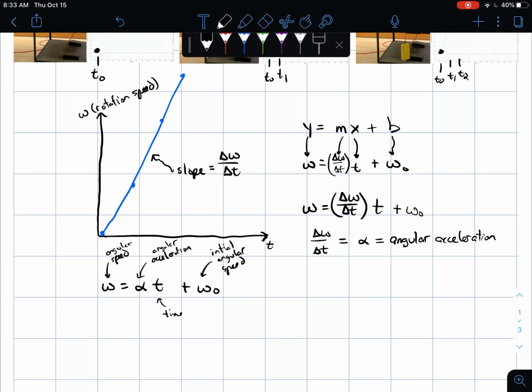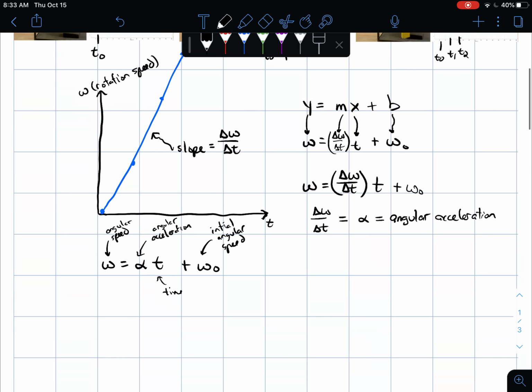Okay, nice. If we remember back to when we were first starting the semester, we had an equation that said the speed was at plus v0. Notice how in this equation, this is the speed, this is the acceleration, this is the initial speed, and this is the time.